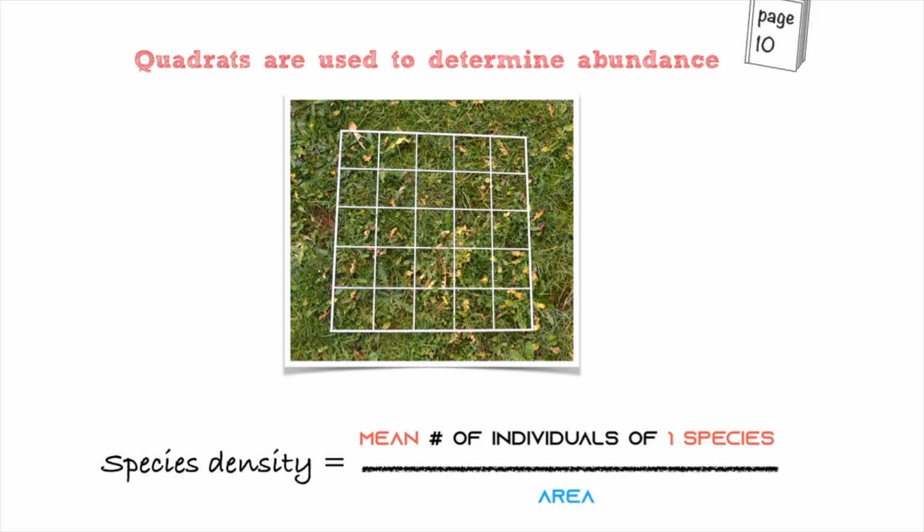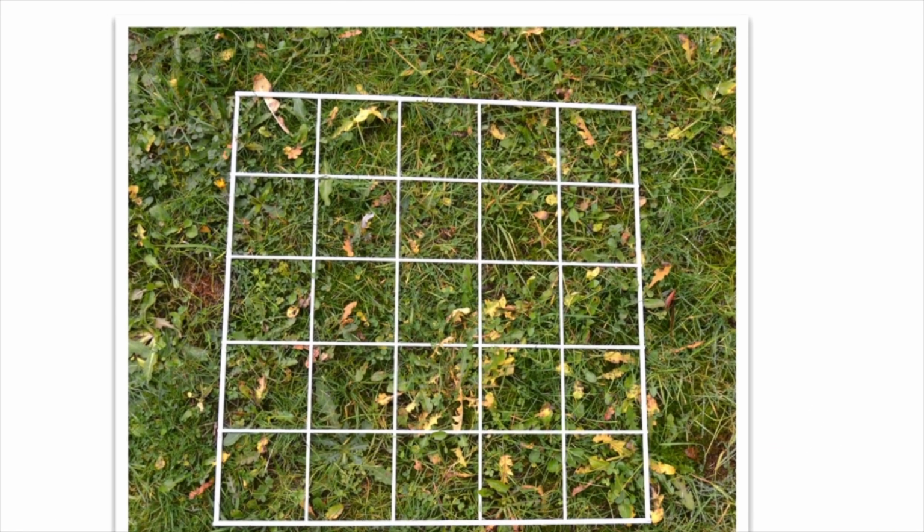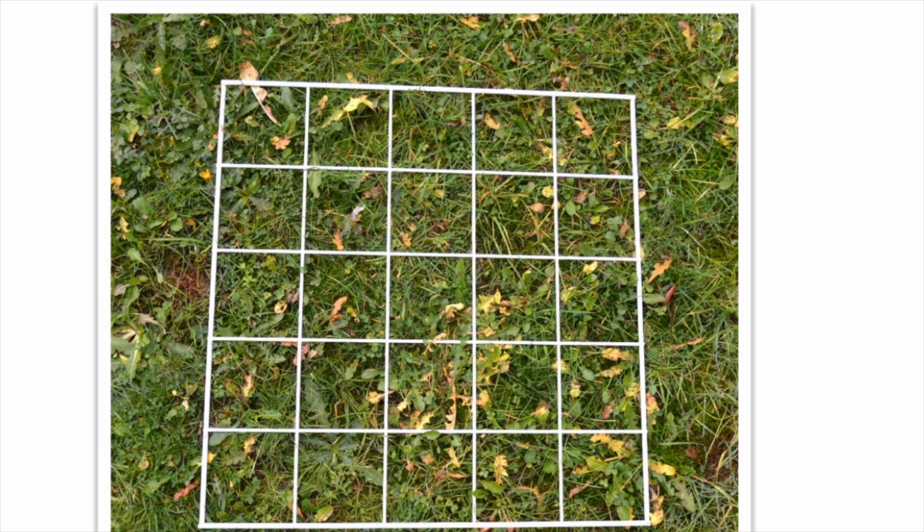What's a quadrat? A quadrat is just like a frame where you have smaller frames or a grid. This helps us a lot because it makes our counting much easier.